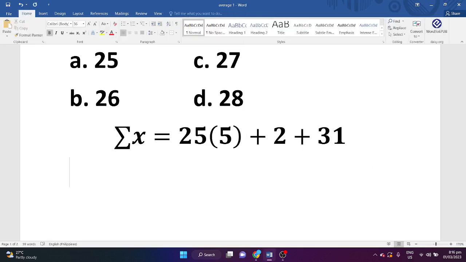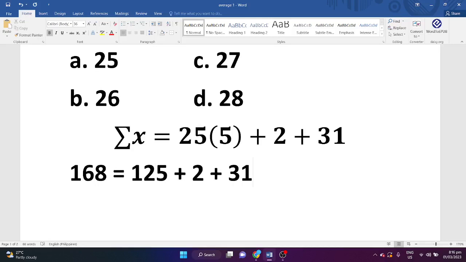And so we know that the summation of x is 168 as we solved earlier. So let's check if we can get 168 also by simplifying 5 times 25, that is equal to 125 plus 2 plus 31.